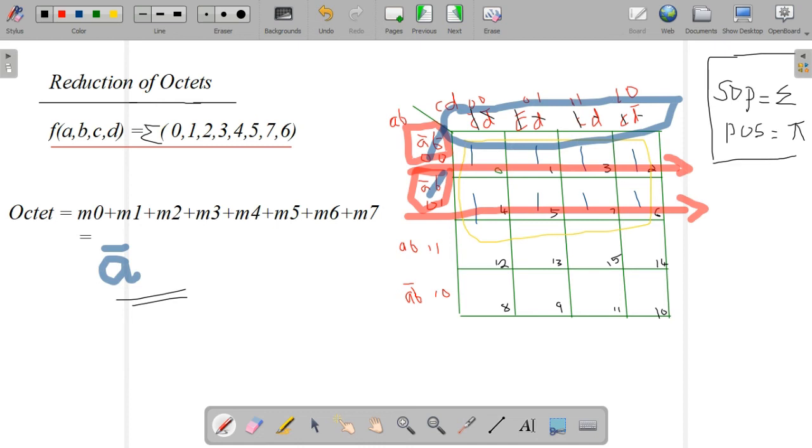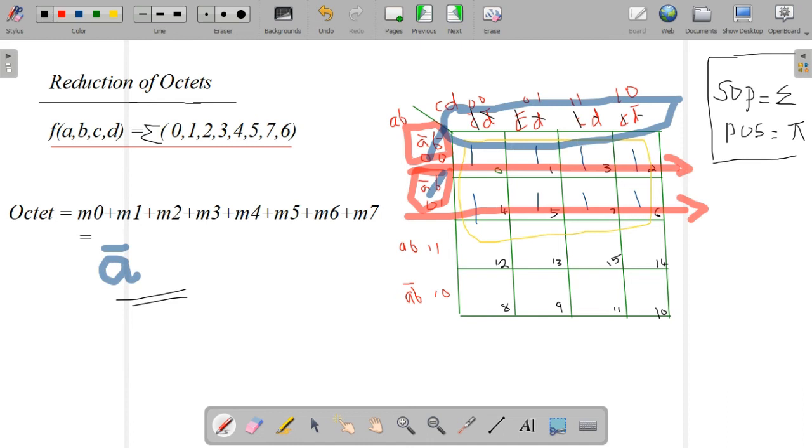We have removed 3 variables, B, C, D, by the octet reduction rule, and an octet means it will retain only one variable. Okay, understood? I hope everyone understood. If you didn't understand this concept, write each variable name and at last take out the common one. Otherwise it is the easy process: from the KMap itself we can write which one is common.